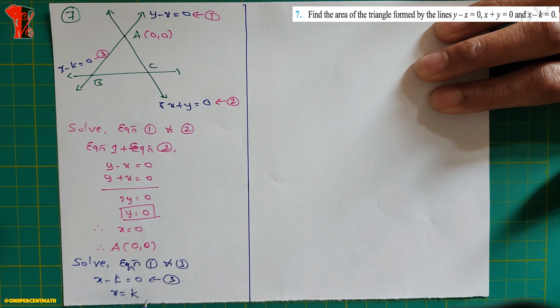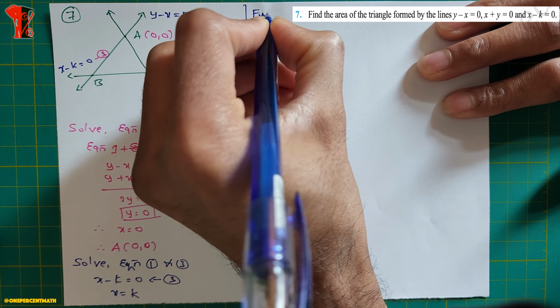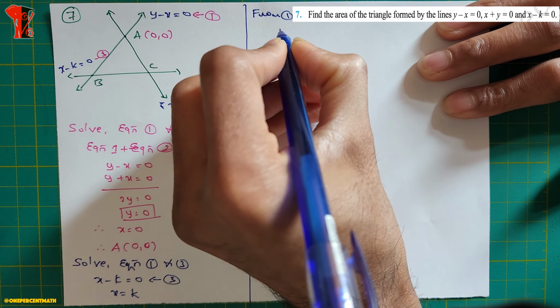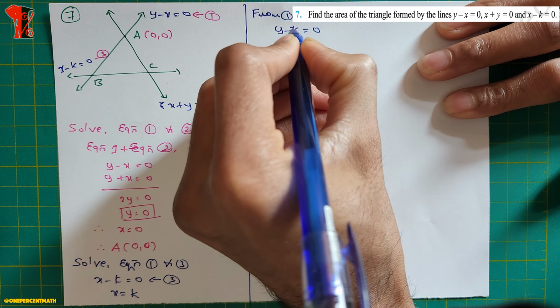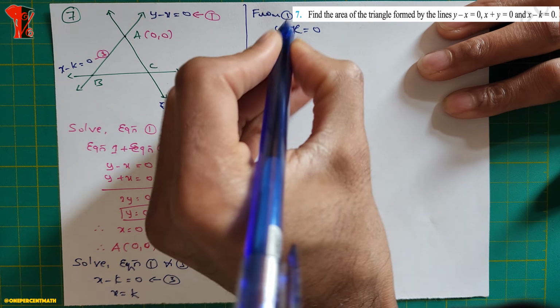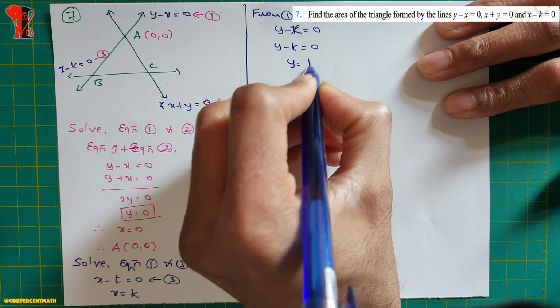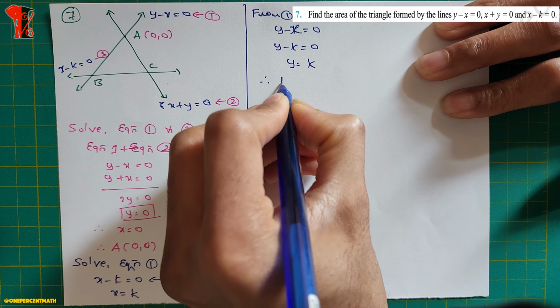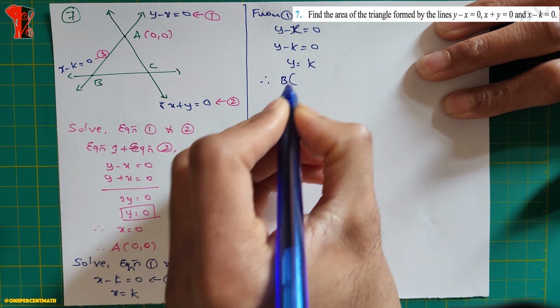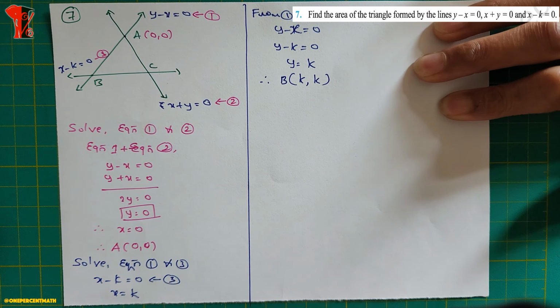Now I'll put x is equal to k in equation 1. So from 1, it is y minus x is equal to 0. So x is k, right? So put x as k. y minus k is equal to 0. So y is equal to k. So therefore what can I say? The point B is going to be x is k and y is also k.